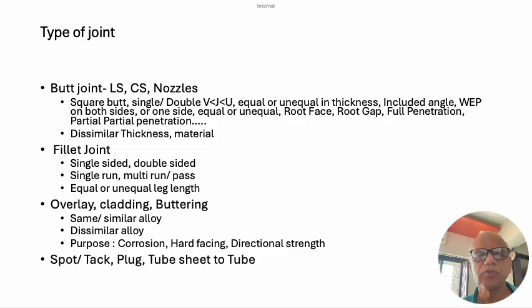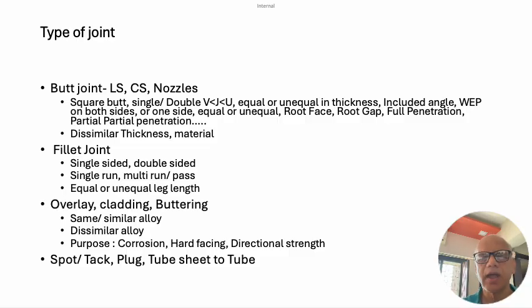But if that kind of process is not practically possible, is expensive, or is not available, we can switch over to a V joint, Z joint, U joint, single V, double V, or single Z, double Z. And then whether it is equal or unequal thickness which you are joining, or equal or unequal in the distribution of the groove on either side of the weld.